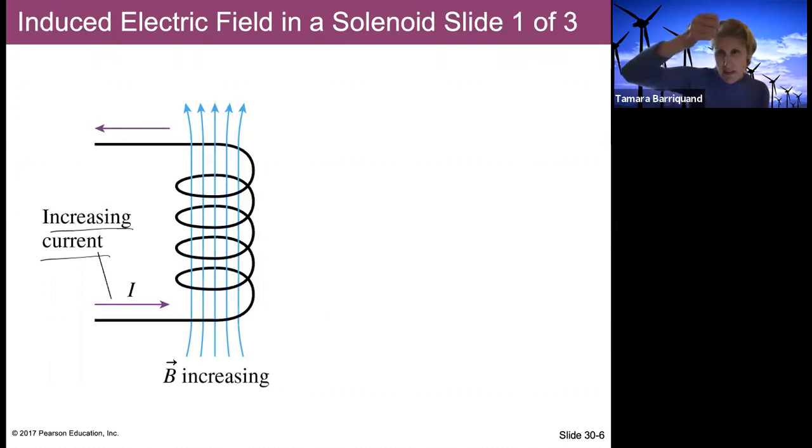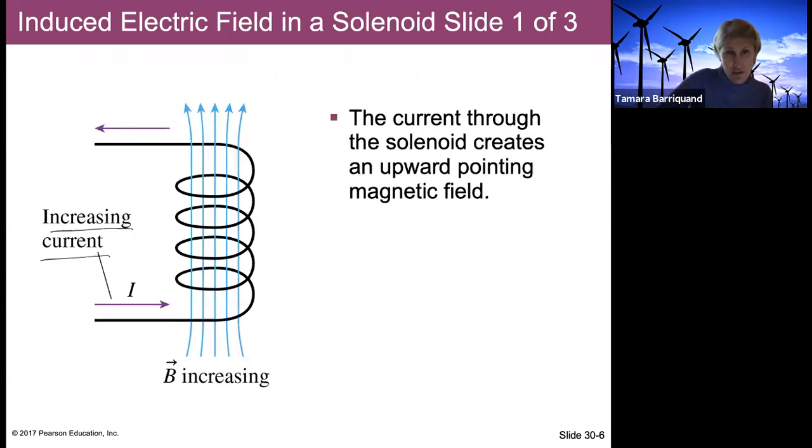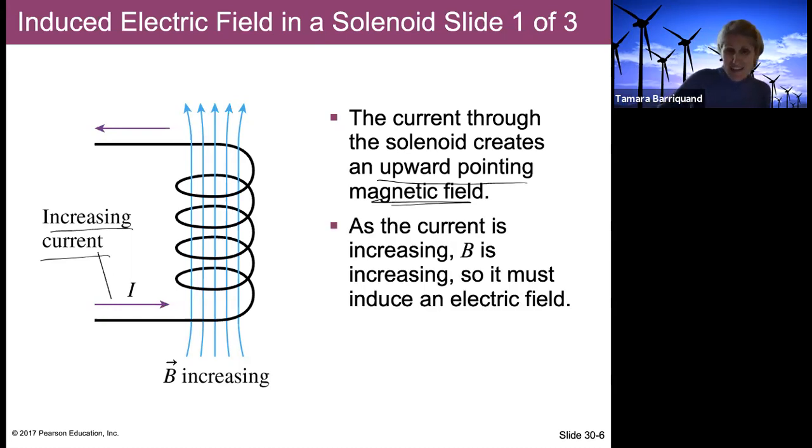So the current through the solenoid creates an upward pointing magnetic field using our right-hand rule. Now in this case, our current is increasing. So if the current is increasing, the magnetic field better be increasing. As the current is increasing, B is increasing.